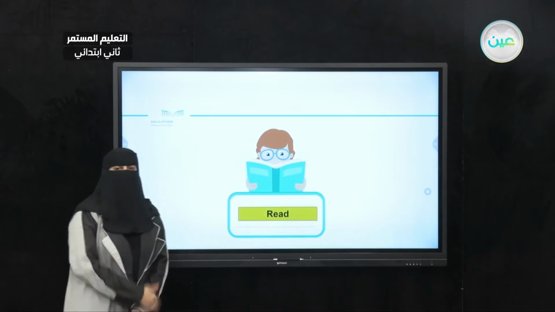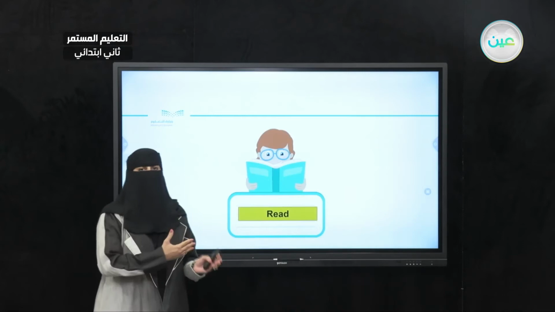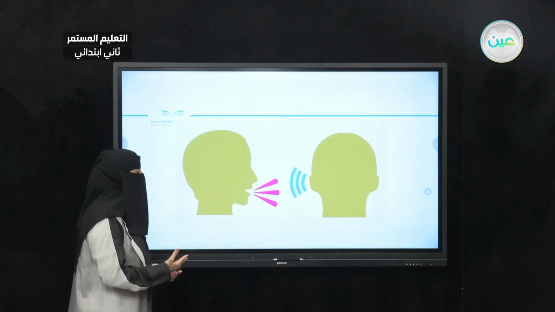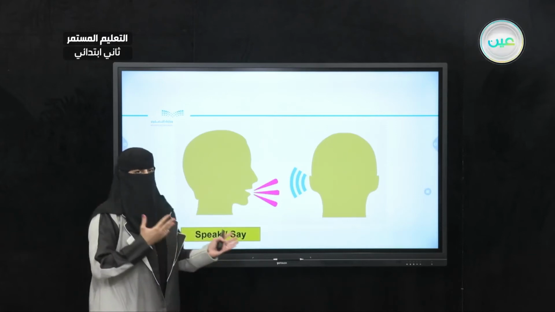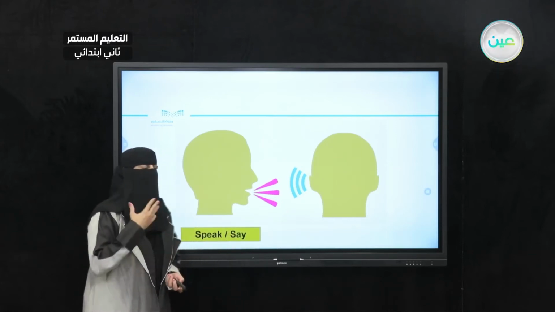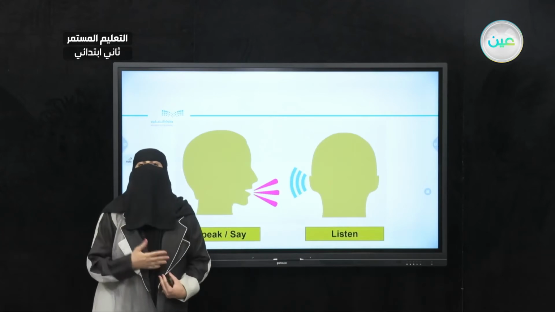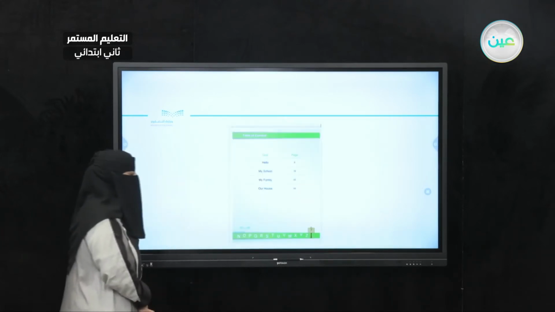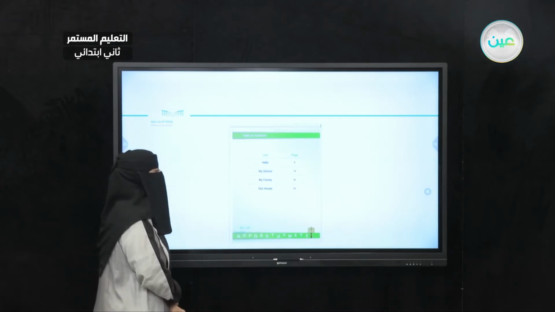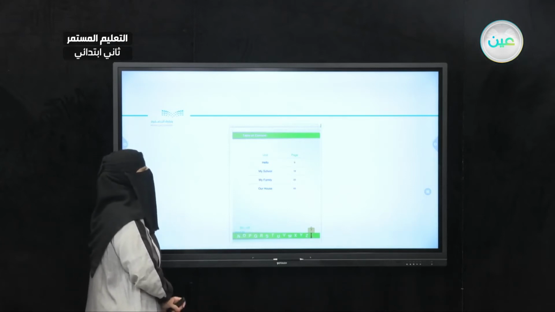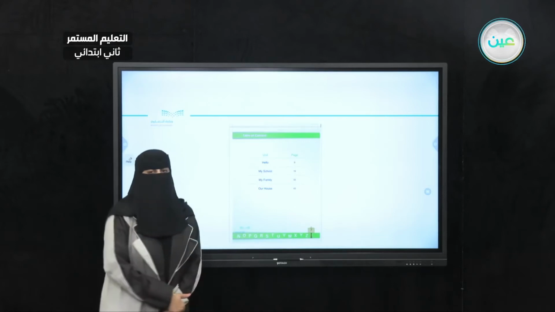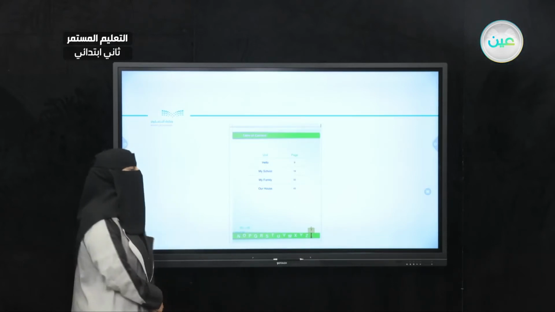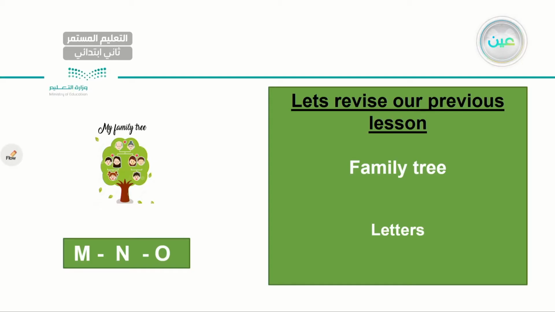So try to read the words, letters, or numbers as you see them on the screen, or when I speak out the letters, just listen and repeat after me. We are covering unit number 3, My Family. It starts at page 33, and today we will start lesson number 3.